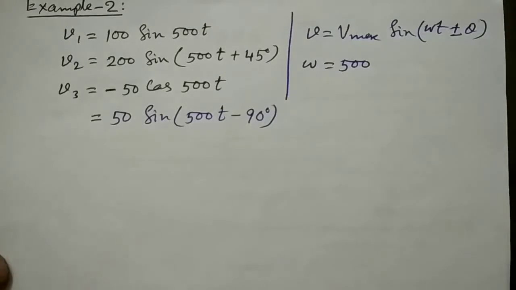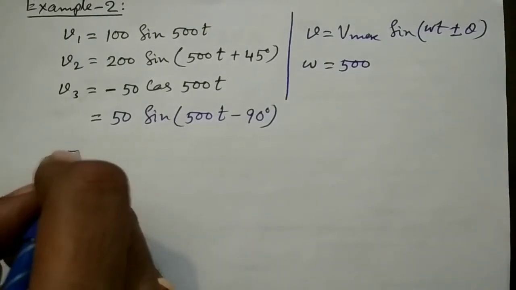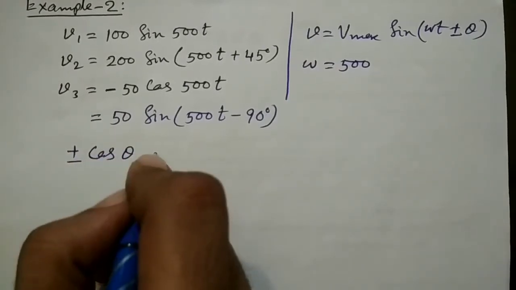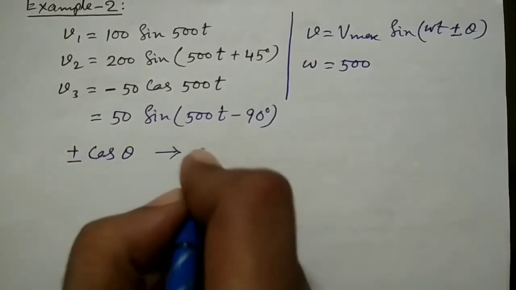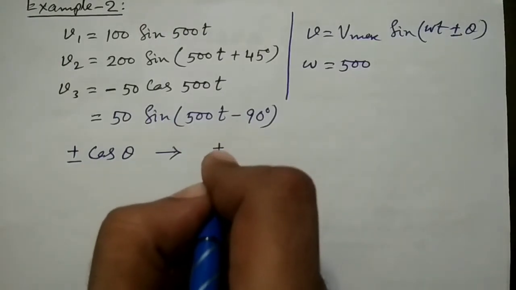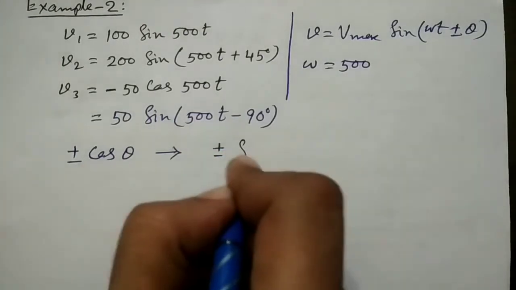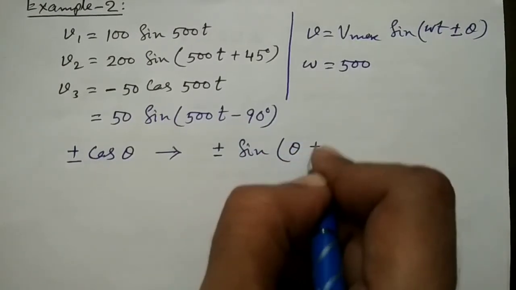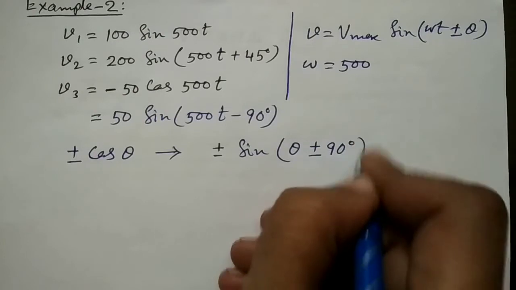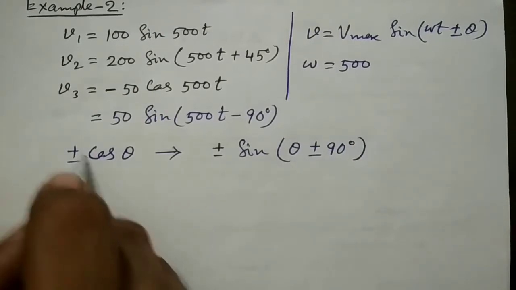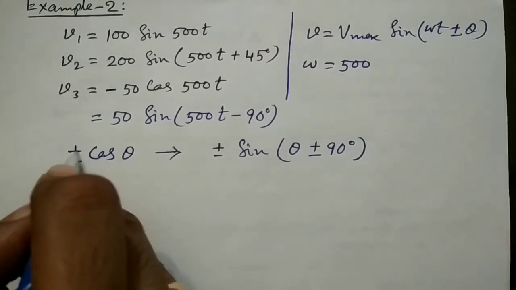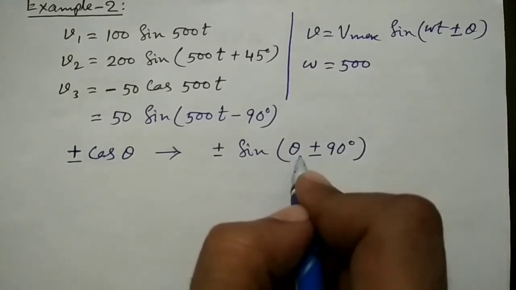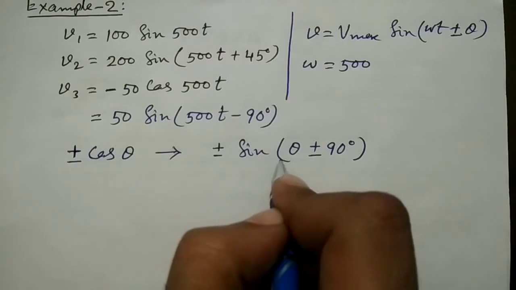The general form is, if we want to change plus minus cos theta to a sine, it will be plus minus sine (theta plus minus 90 degree). That means if the sign before the cosine is plus, we have to add plus 90 degree with the theta to change to its sine value.